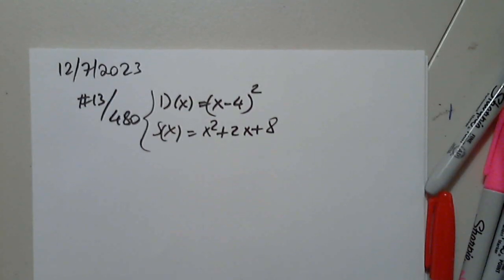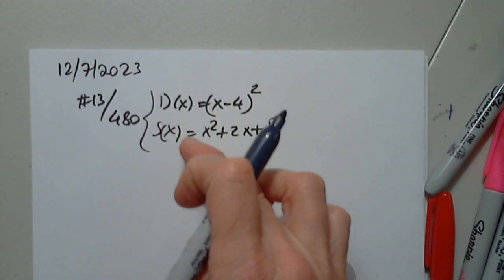So how do we start? What is the starting point here? Anyone remembers what is the starting point? You have to set them equal to each other?